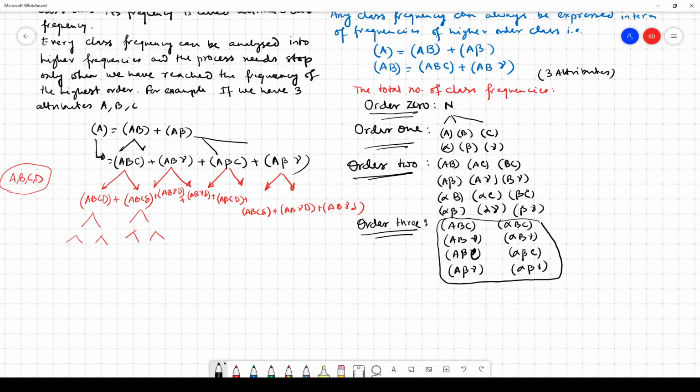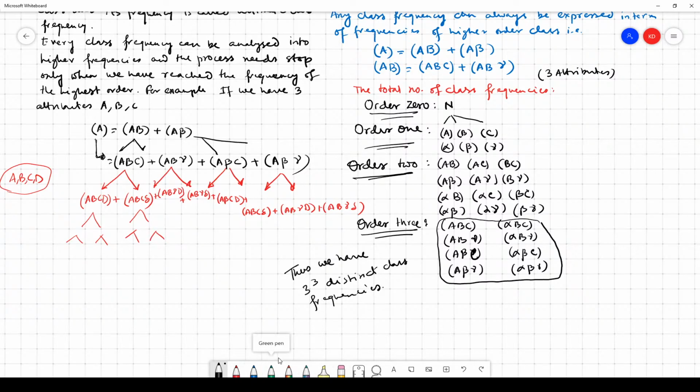So thus we have three cube distinct class frequencies in all.